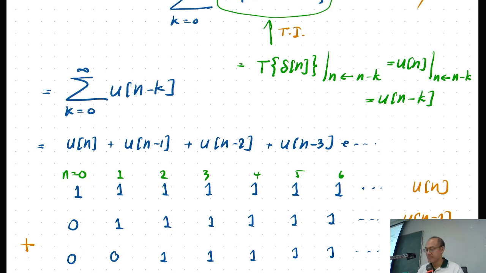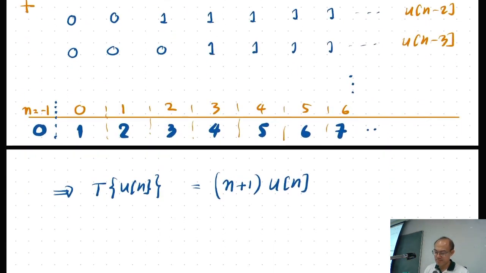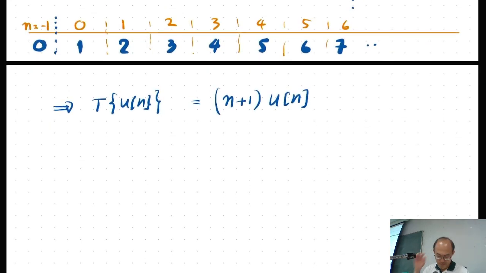It's just like integration. Okay, summation is like integration. Next one, BIBO stability.